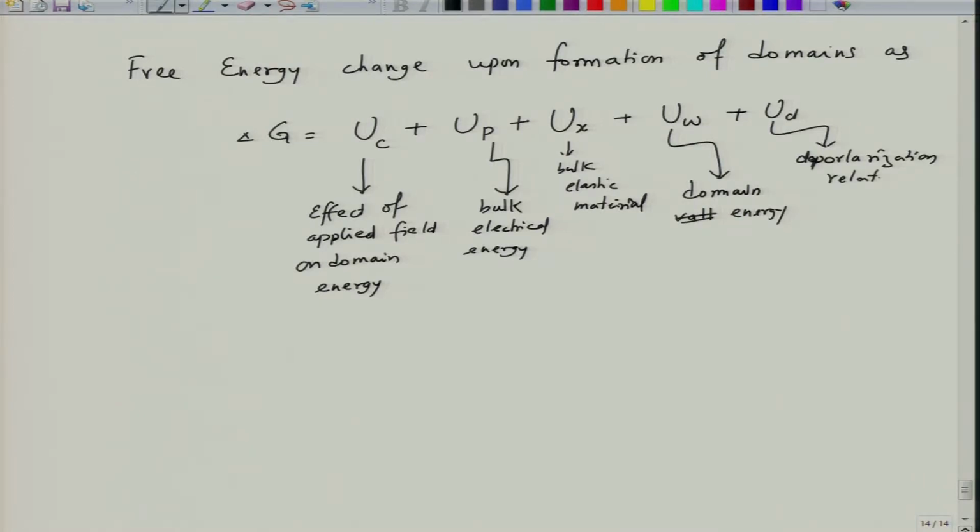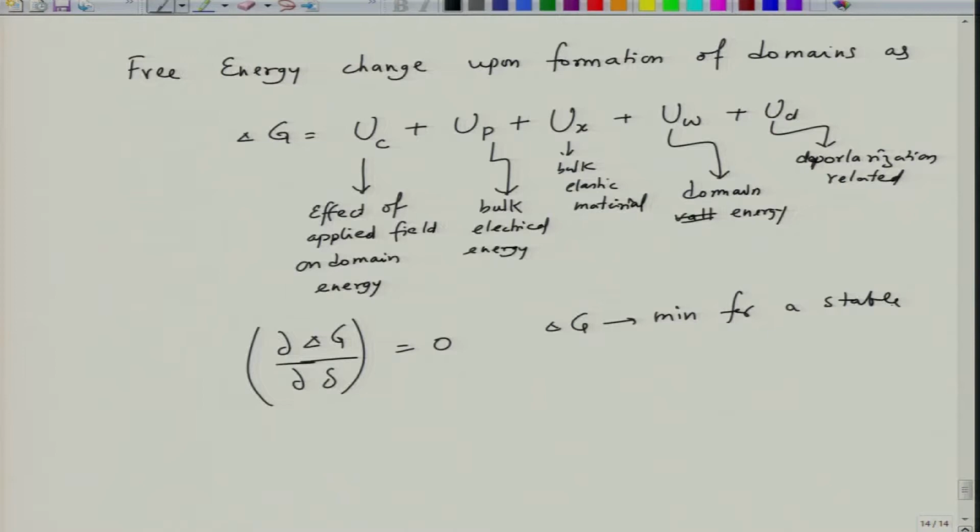To get a stable domain structure, the derivative of delta G with respect to the domain size delta has to be equal to 0, which means delta G is minimum for a stable delta, the stable domain size.